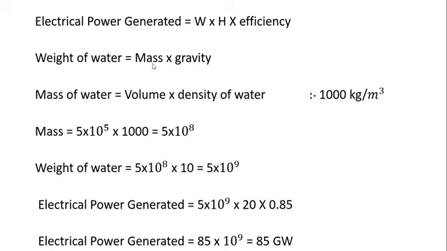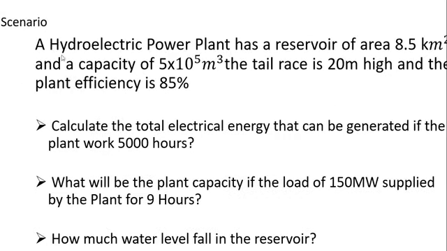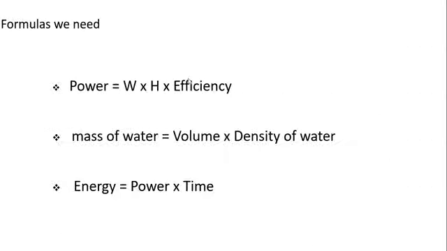We need to find mass of water. But the main thing is that there we are given volume of reservoir. If we go back, this is the volume of reservoir, capacity.